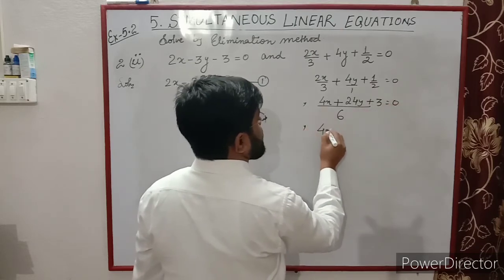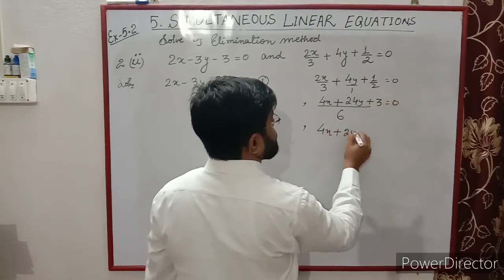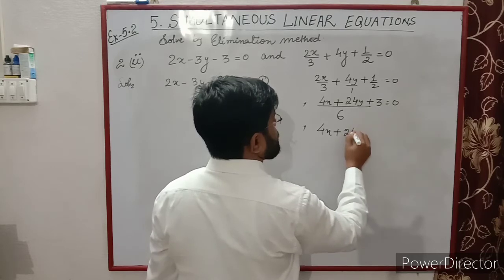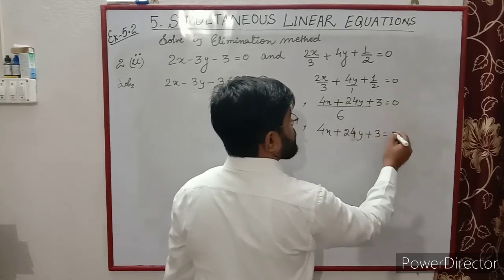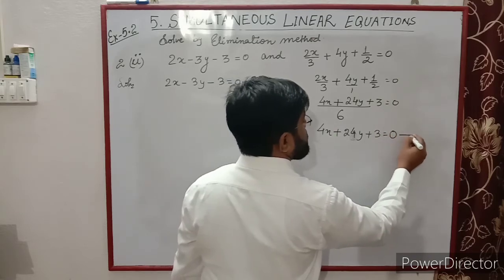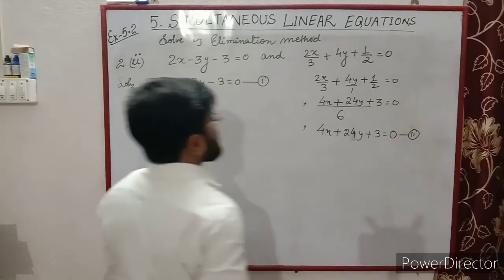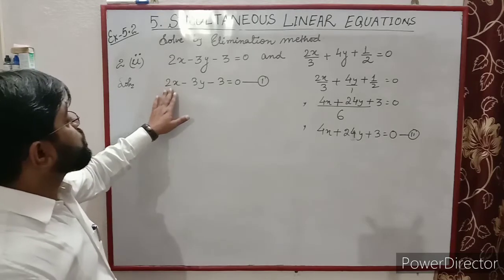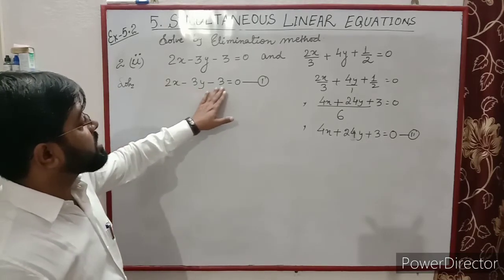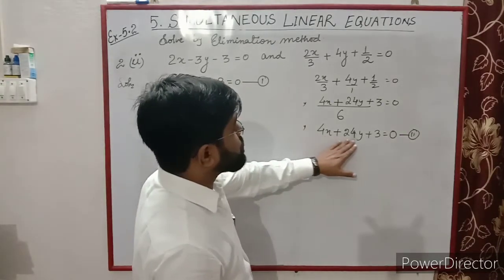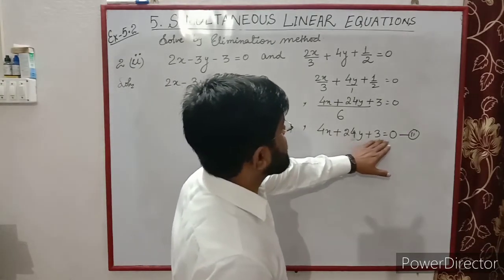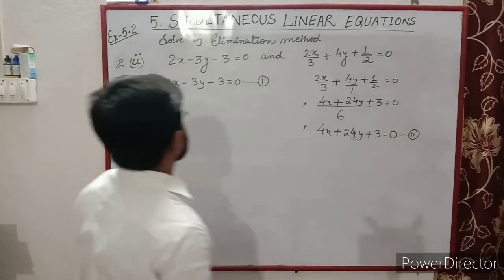So we have 4x plus 24y plus 3 is equal to 6 multiplied by 0, it becomes 0. We assume equation number second. Now we have 2x minus 3y minus 3 is equal to 0 in equation first, and 4x plus 24y plus 3 is equal to 0 in equation second.